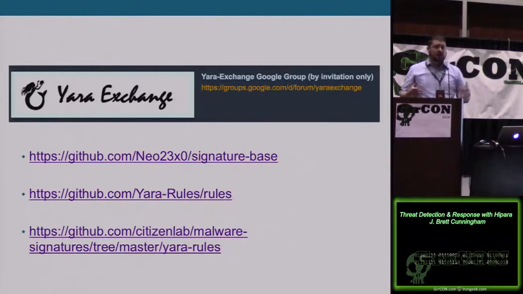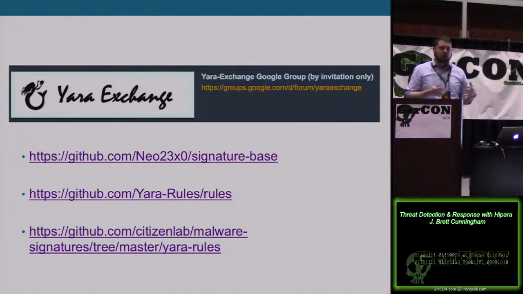Now, if you're not in an ISAC or some sort of sharing organization, there are some really amazing repositories out there where you can go and get YARA signatures. One of my absolute favorites is an open community. I say open. It's closed. All you have to do is apply to get in. It's free, and it's called the YARA Exchange List. They just want to make sure that you're not a malicious person, one of the actors trying to take a look at what signatures catch their malware.